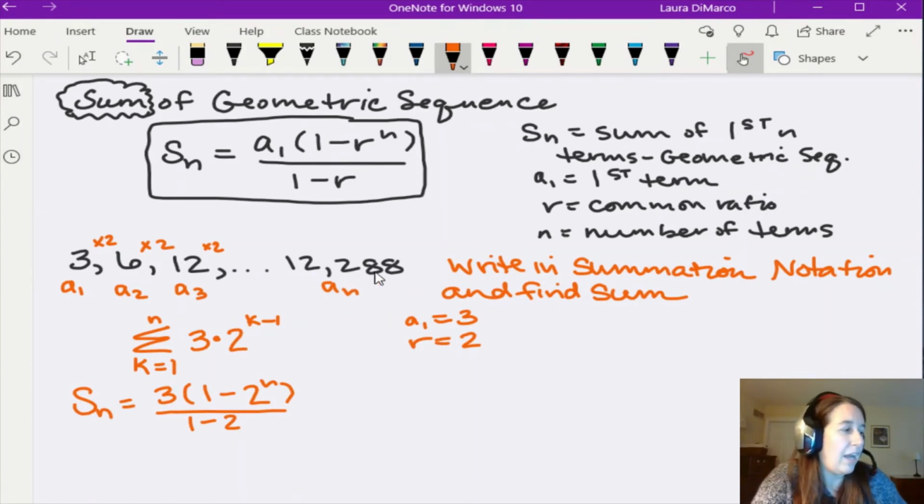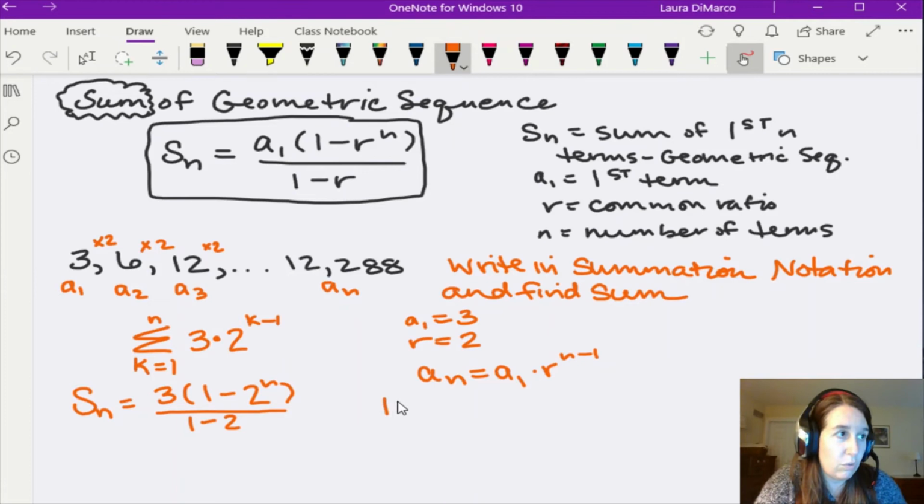I think what would be better is if we set up the formula a sub n is equal to a sub 1 times r to the n minus 1th power, right? And then let's do that for this term, 12,288, for a sub n.